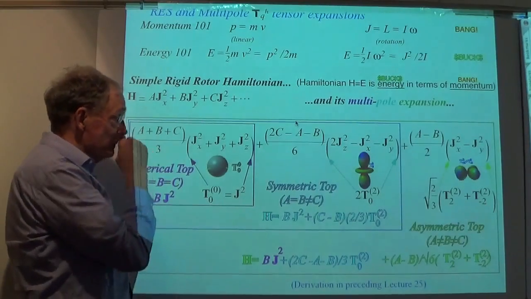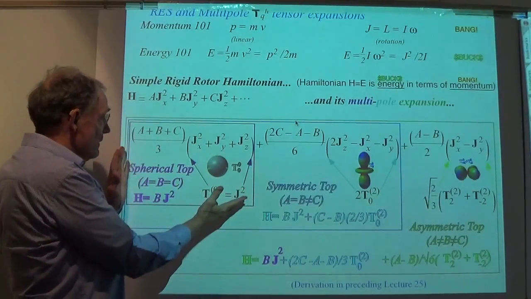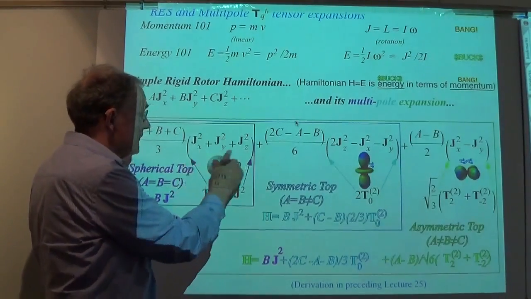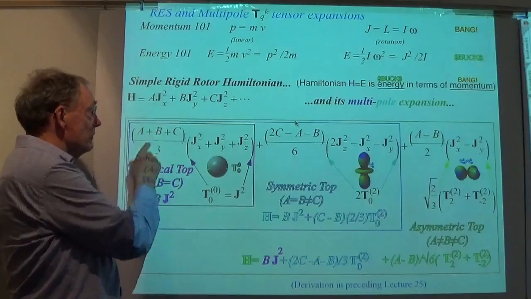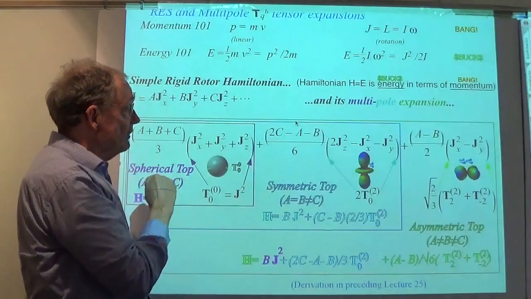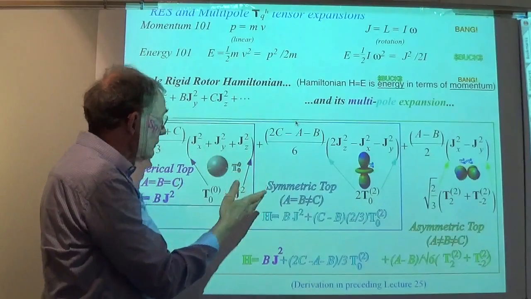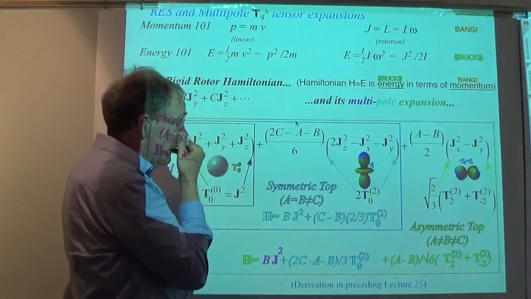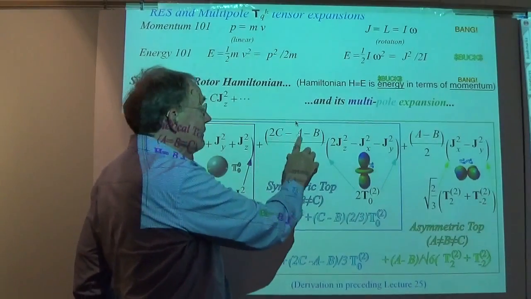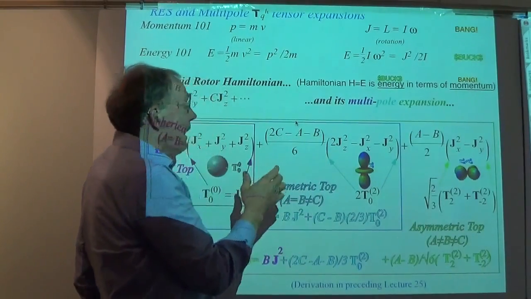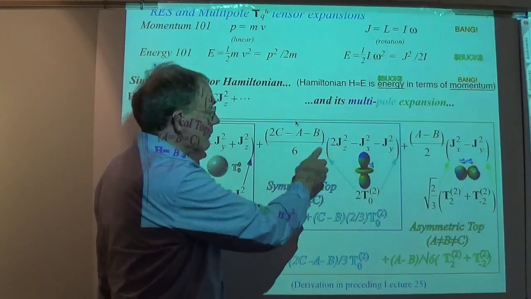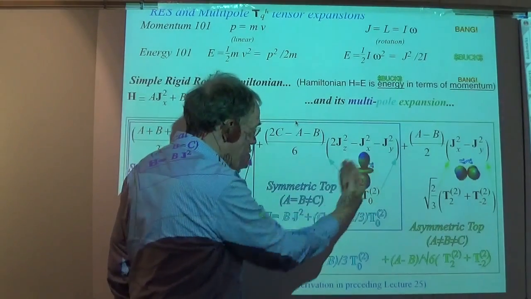Its multipole expansion consists of a scalar, spherical thing, just the J squared would be a sphere, right here, with that coefficient, if these are the inertia parameters. And then to the next level, you add a thing that is the 2c minus a minus b coefficient, and this is multiplying a symmetric top symmetry.